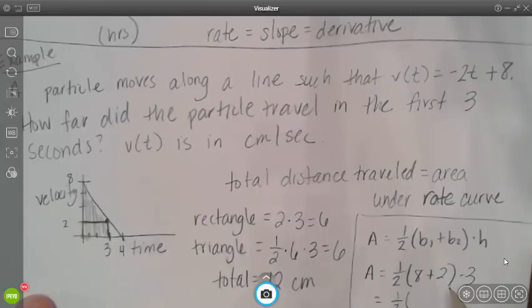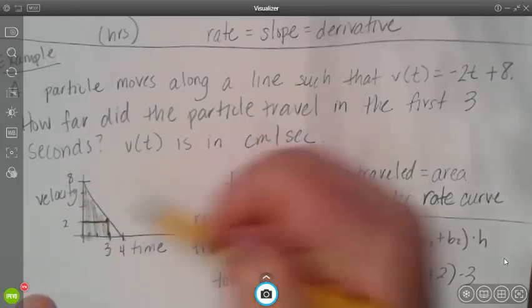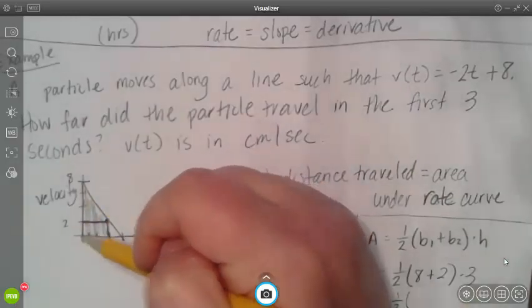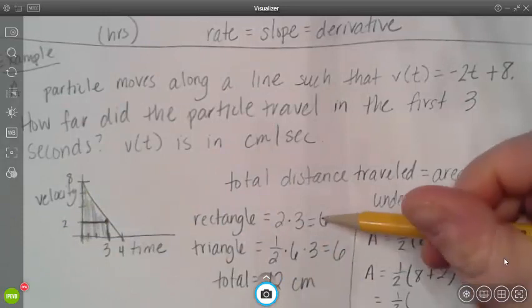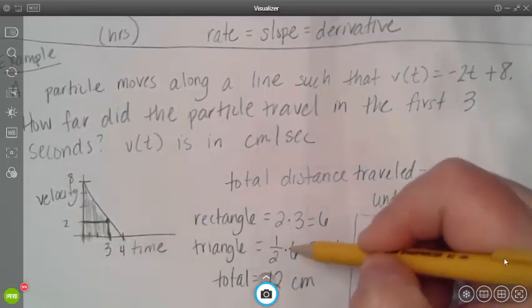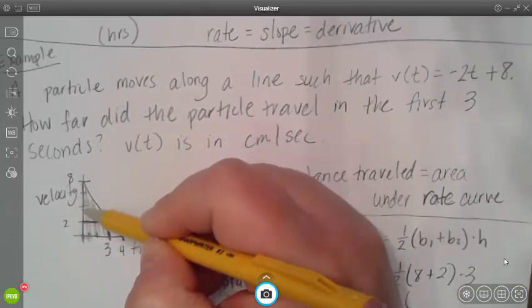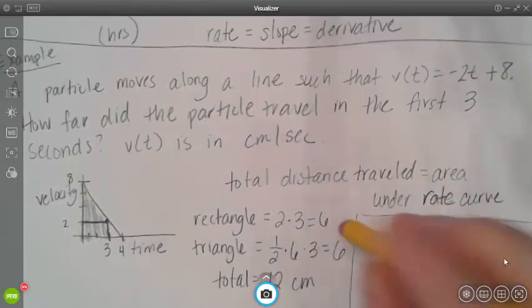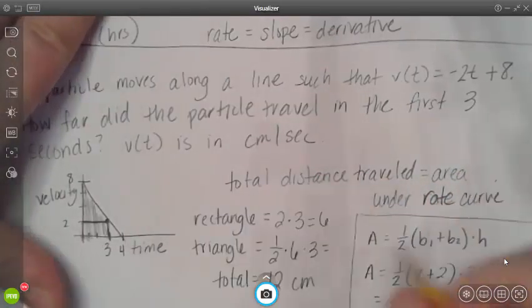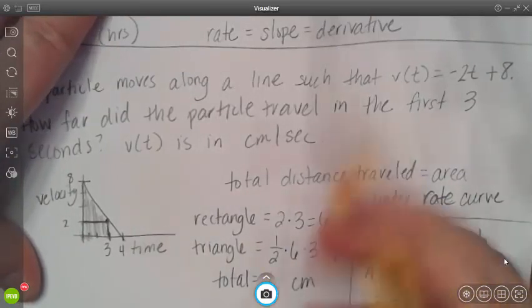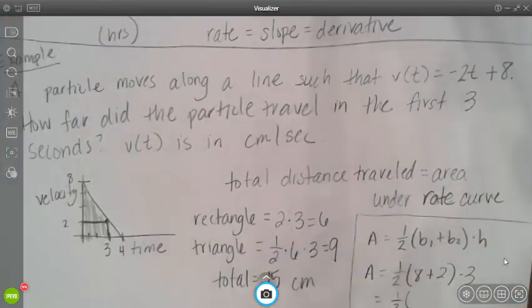My apologies. I think I'm looking at this wrong. What did I mess up? Oh, this is 9. Sorry about that. I can't do arithmetic correctly. You guys know that. So that gives me 15.